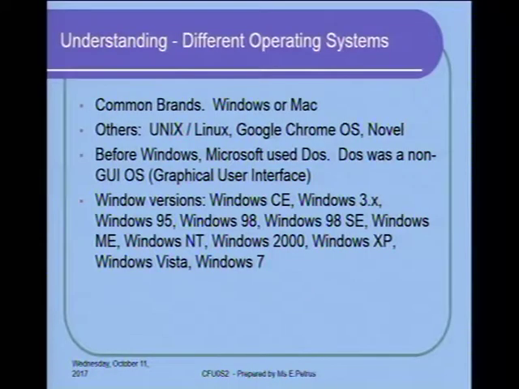Now let's look at different types of operating systems. The common brands are Windows, as I was discussing, and Mac, which is one of the operating systems. Others are Linux or Unix, as I just discussed.